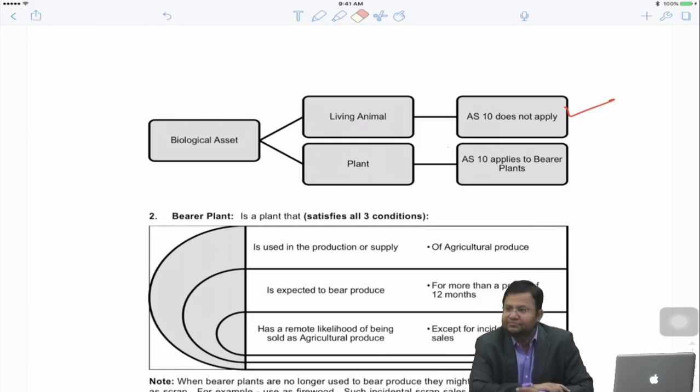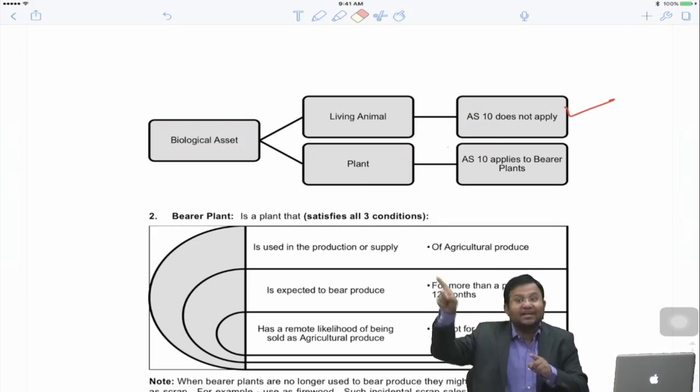For example, I have got horses which I'm using for racing activity. मेरा business है racing. I own horses. Stud farm बोलते हैं टेक्निकल लैंग्वेज उसको. मैं horses में ट्रेडिंग करता हूँ, horses का रेसिंग करता हूँ. तो वो जो एनिमल है, it is a biological asset, but it is not related to agriculture.